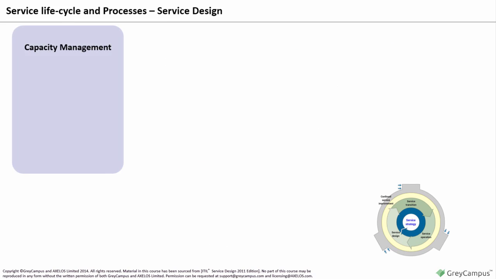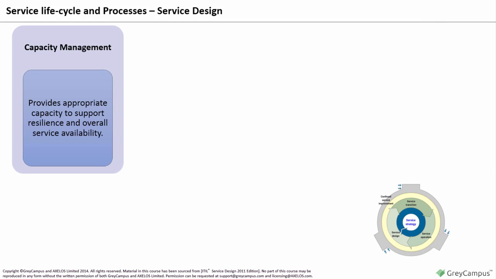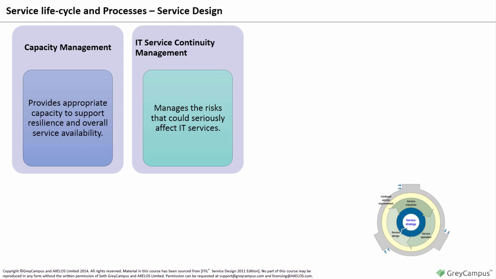Capacity management provides appropriate capacity to support resilience and overall service availability. IT service continuity management to support the overall business continuity management (BCM) process by ensuring that, by managing the risks that could seriously affect IT services, the IT service provider can always provide minimum agreed business continuity related service levels.